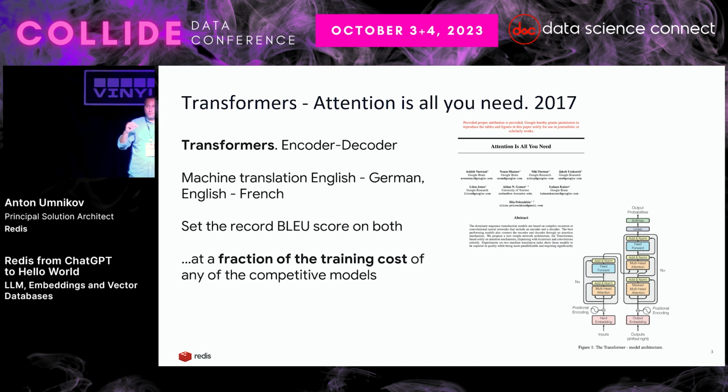More importantly, the transformer architecture not only set the record in terms of quality of translation, it happened to be a very powerful, very economical architecture to implement and train. This architecture is very parallelizable, so it's easy and fast to train these transformers to achieve the task that you need.